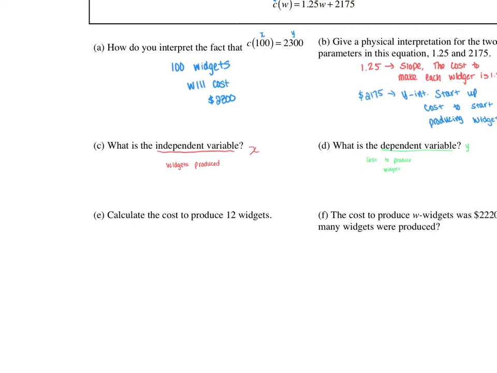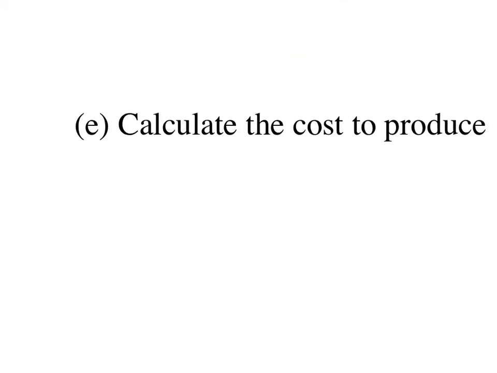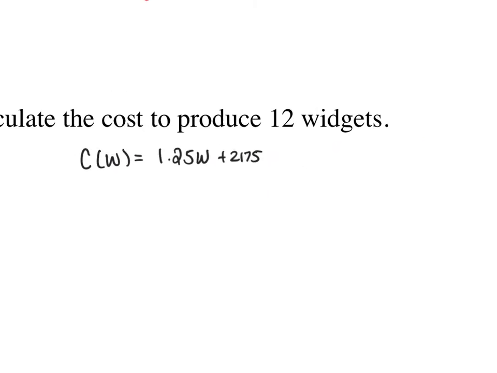Let's go on to E. Calculate the cost to produce 12 widgets. So the first thing I'm going to do is I'm actually going to rewrite my equation. C of W equals 1.25W plus 2175. And I want to find out how much it costs to produce 12 widgets. So everywhere I see a W, I'm going to put a 12.